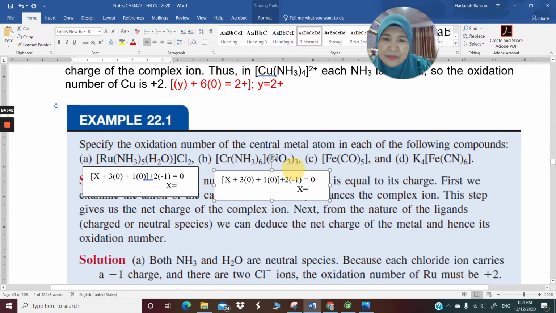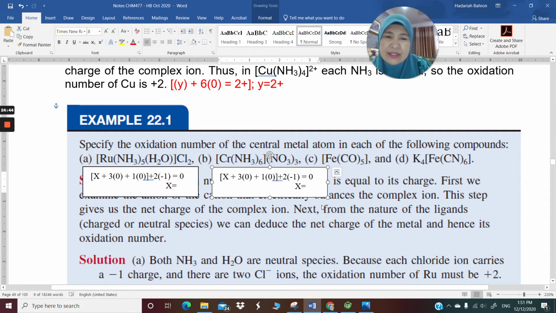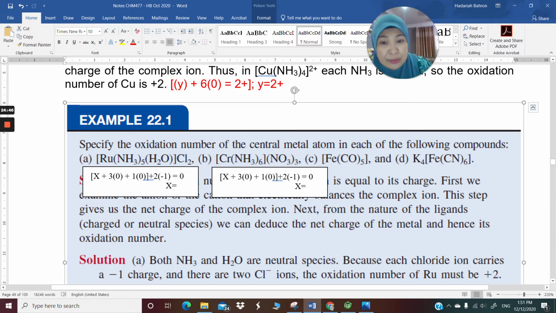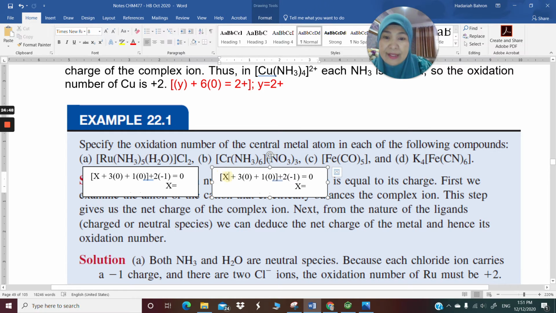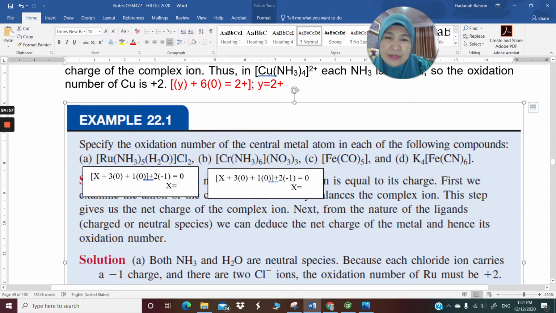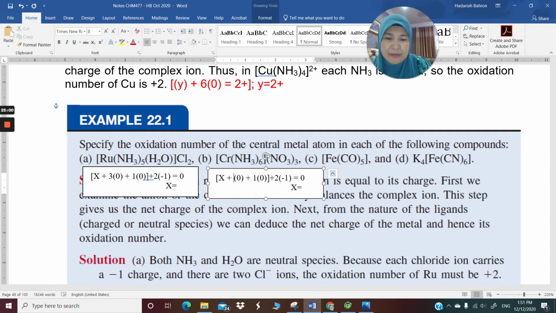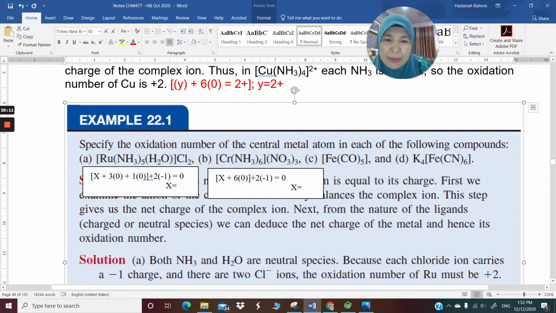So do you know what is the oxidation state of chromium? No, you don't. So you make it X. How many ammonia? You have 6 ammonia. So that would be 6 multiplied by 0 charge for each ammonia. And there are no more other ligands. And how many nitrate is outside is 3.